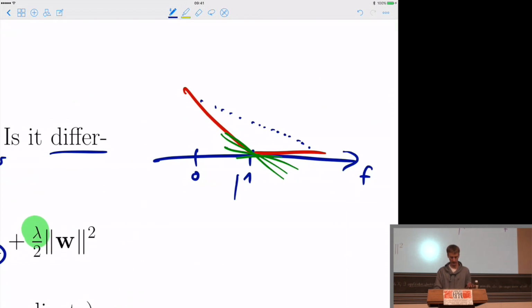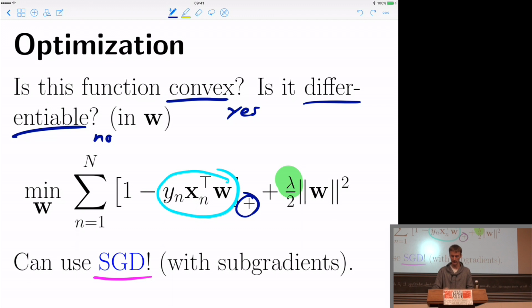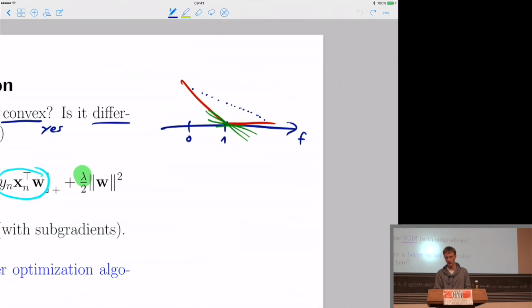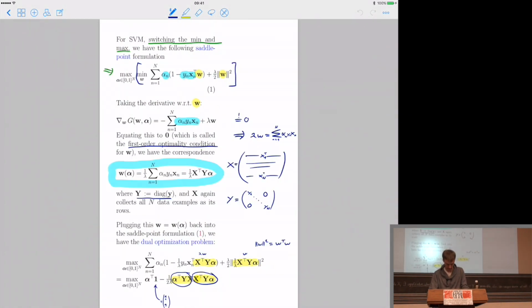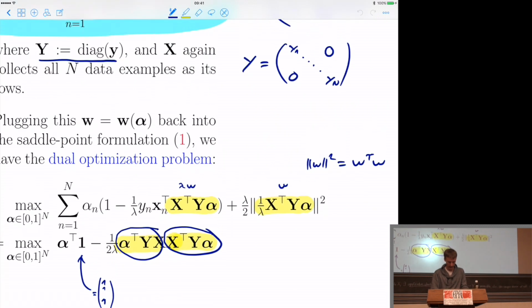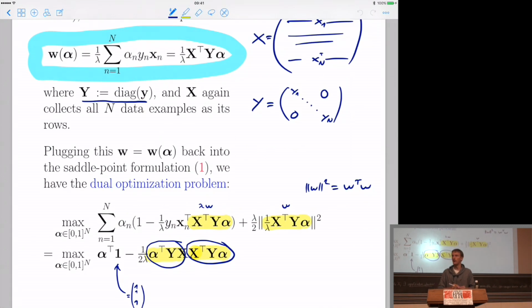So that was problematic. It turns out you can have either or. So now everything is nicely differentiable, but it has become constrained. It has become 0, 1 constrained. Other comments on this? I claim that this one is actually much easier to solve, and we're going to see next some algorithm to solve that. But before, we talk a bit about how to interpret these alphas.